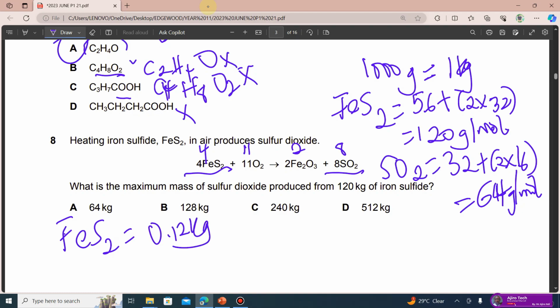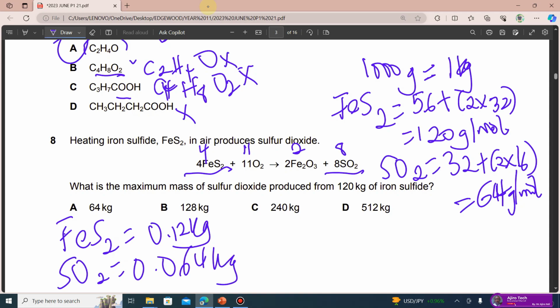Equally, converting 64 gram to kilogram, 64 divided by 1000, I have for sulfur dioxide 0.064 kilogram.